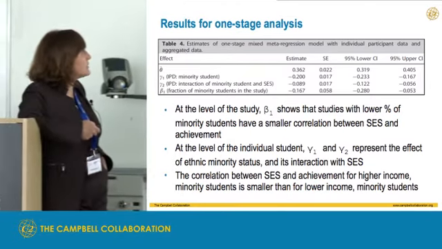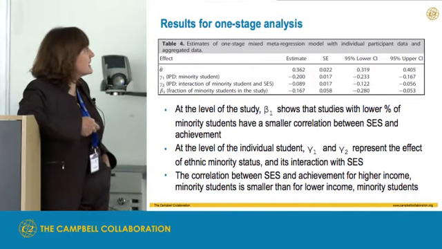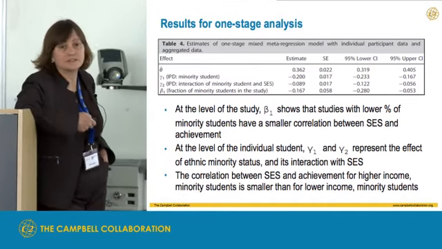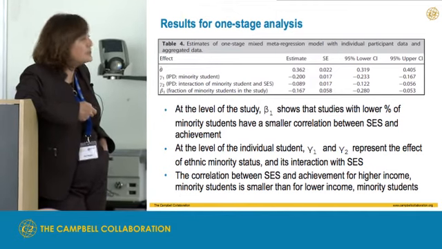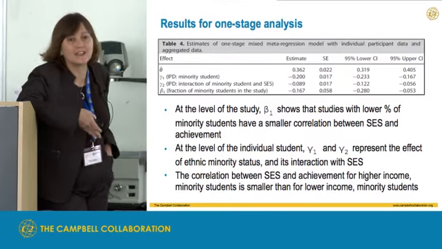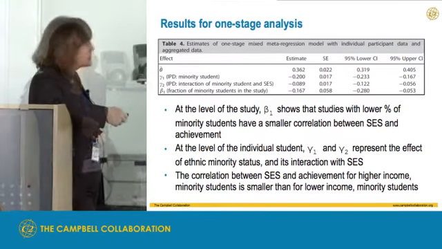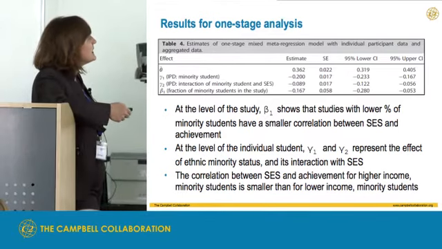So while we might have guessed this at the study level in our results from the last slide, there's a nuance here that we couldn't have gotten if we didn't have the IPD data. So again, we've got what we get.